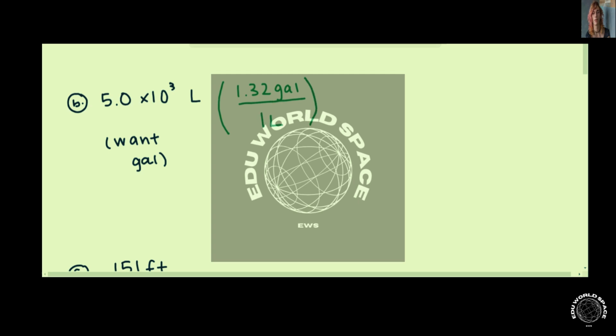You want to make sure that you have gallons on the top so that when you cancel out liters and liters, you'll get to gallons. This gives you about 6.6 times 10 to the 3 gallons, which means 6,600.